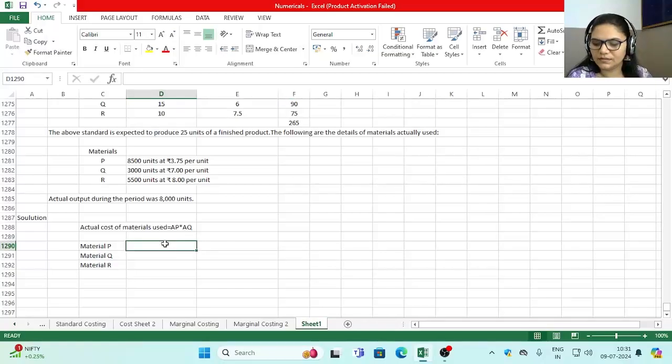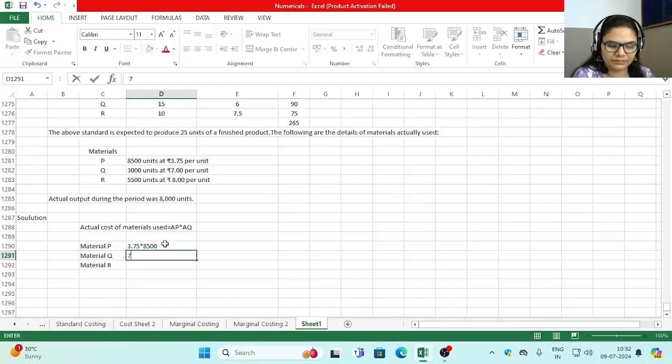This is 3.75 into 8500 units, then 7 into 3000, next is 8 into 5500.